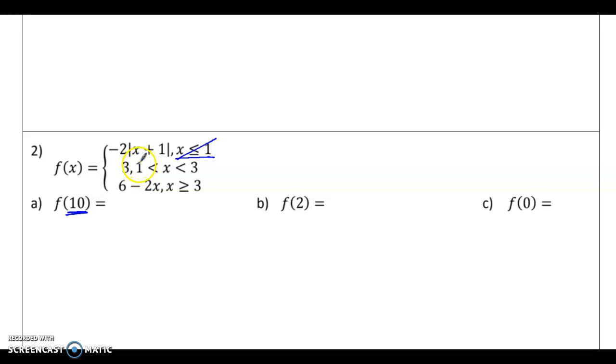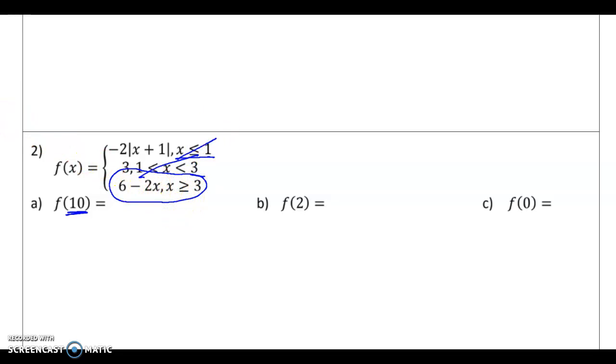This one says that 1 is less than x, which is less than 3, or in other words, x is in between 1 and 3. Well, 10 is not in between 1 and 3, so I can't use that function. And then this last function says x is greater than or equal to positive 3. Well, 10 is greater than or equal to positive 3. So I am going to use this last function.